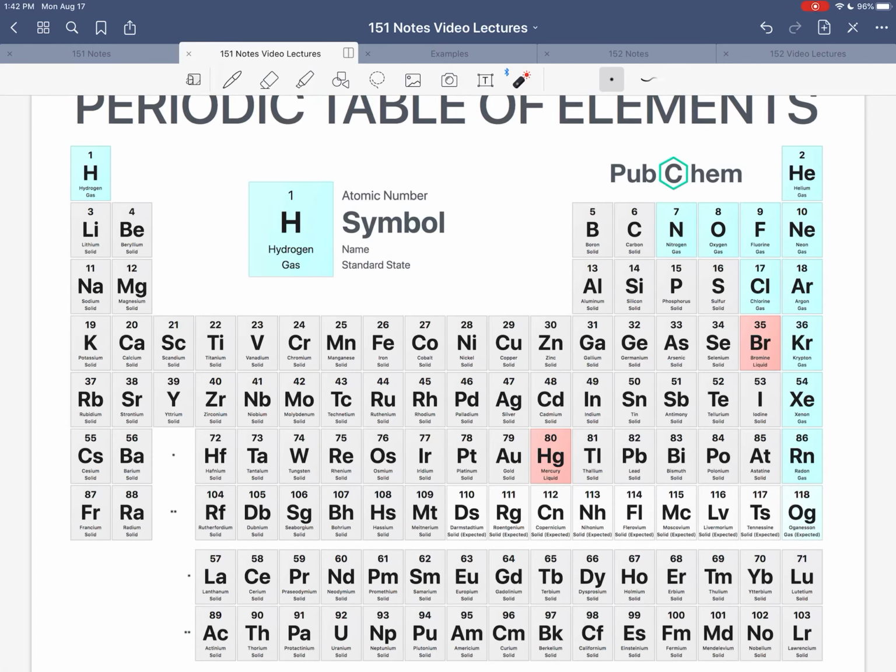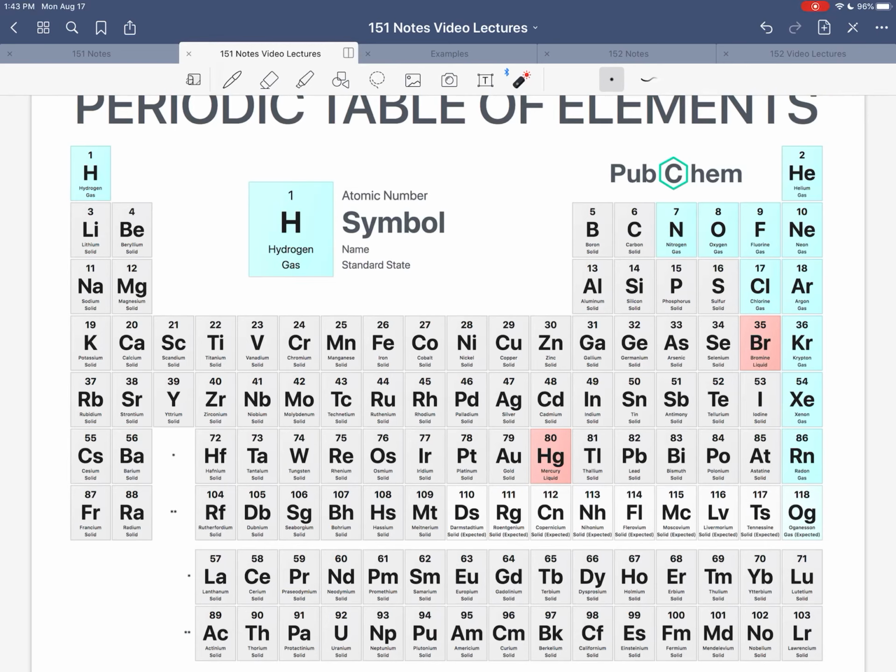This one's expected to be a gas at room temperature. These 2, mercury and bromine, are liquids. Everything else is solid. Now, the one in the classroom actually has some hollowed out ones like these expected, right? Uranium's not, but these are all man-made, so they're not found in the earth.